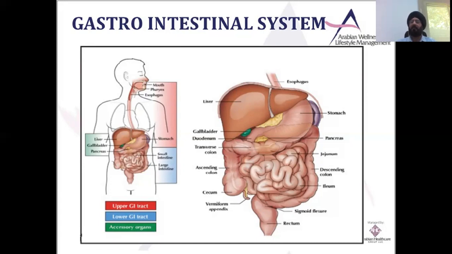The stomach is a J-shaped sac with two openings. One is the proximal opening, which is also known as the cardiac opening or cardiac orifice, and the distal opening, which is known as the pyloric orifice. The esophageal and duodenal ends are responsible for intake and expelling the food from the stomach.